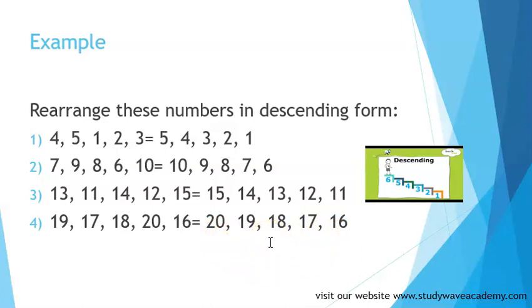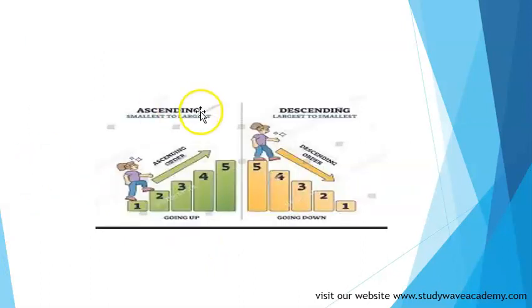Correct, okay? So we said ascending order is arranging numbers from the smallest to the biggest, and descending order is arranging numbers from the biggest to the smallest. I hope you will not be confused.